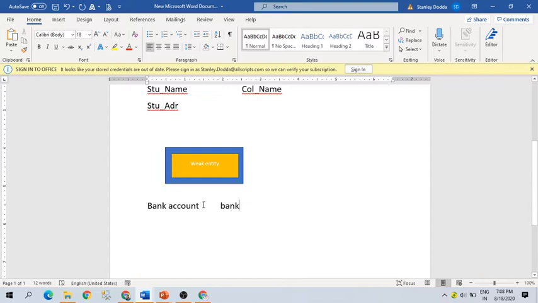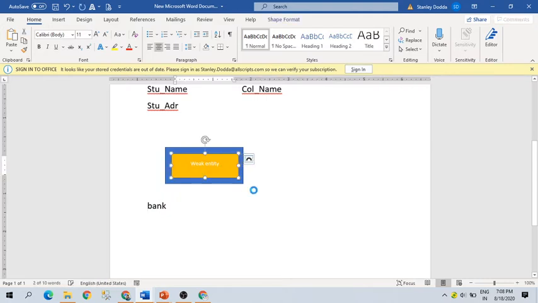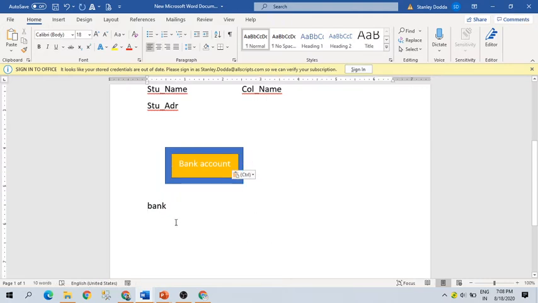Sorry, I put bank account here. Bank account and bank. In this, the bank account cannot be uniquely identified without knowing the bank to which the account belongs. Without knowing the bank, we cannot identify the bank account. Simply giving some particular number, some 2020105100, this is a bank account.